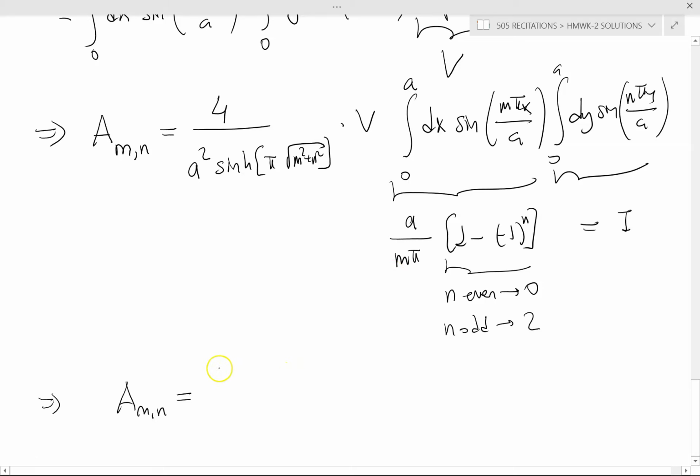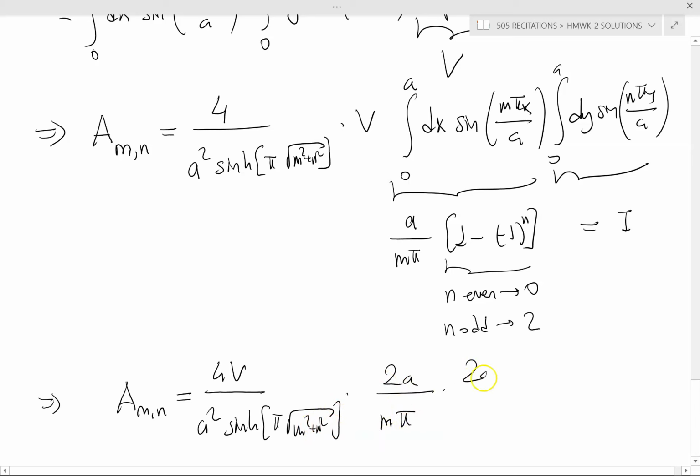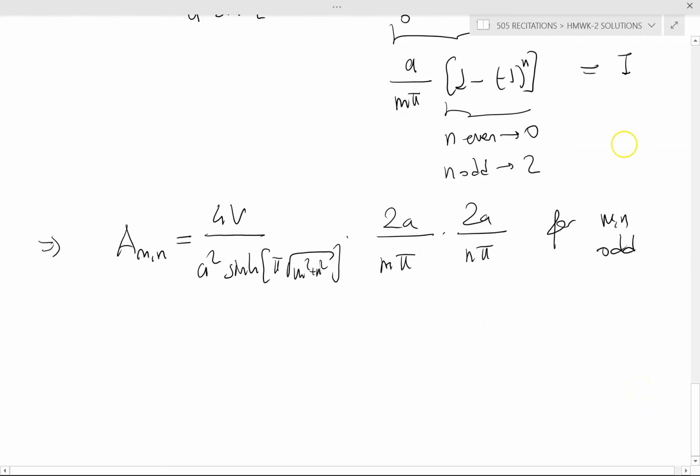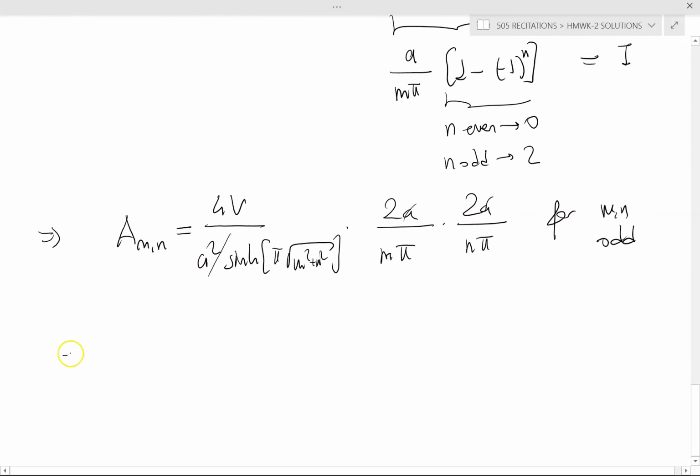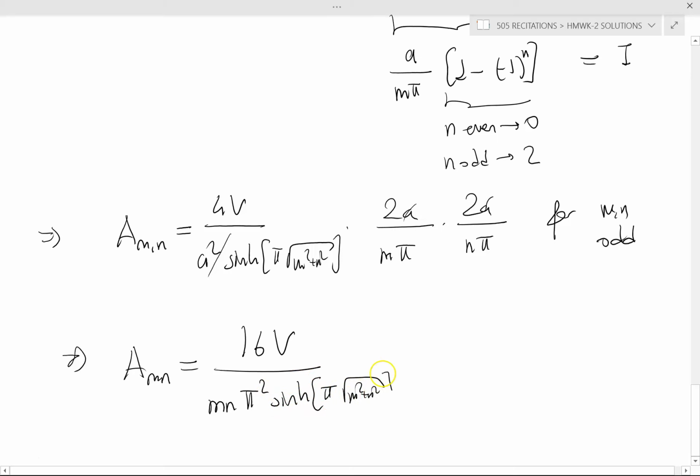Let me write it down clearly. 4V a squared, sinh pi root of m squared plus n squared, multiplied by 2a over m pi, 2a over n pi for m and n odd. Okay, and a's shall cancel, which means that a_mn is nothing but 16V over mn pi squared sinh pi root of m squared plus n squared.